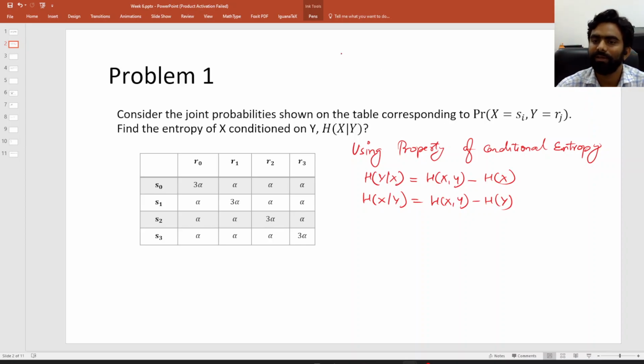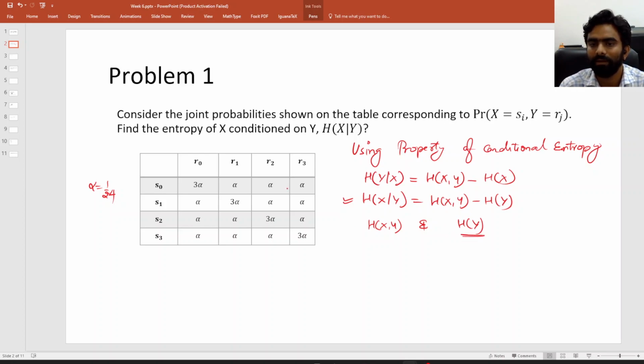We have to find H of X given Y. So we need to calculate only H of XY and H of Y. Previously we calculated that alpha is 1 by 24, and H of Y we have also calculated previously.